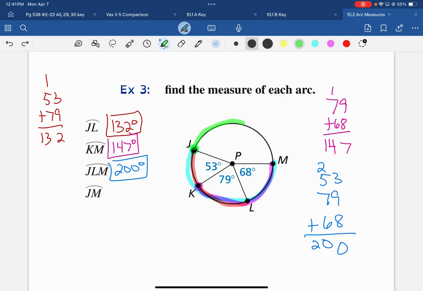So we want to go this way. JM. Class, what's the fastest way to figure out this one? Yeah, we know that all three of these in here add up to 200. So just do the total. 360 minus 200, right? Just get 160.